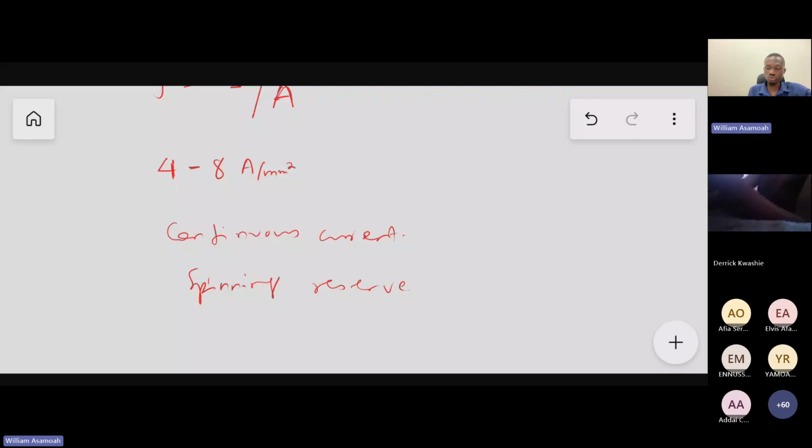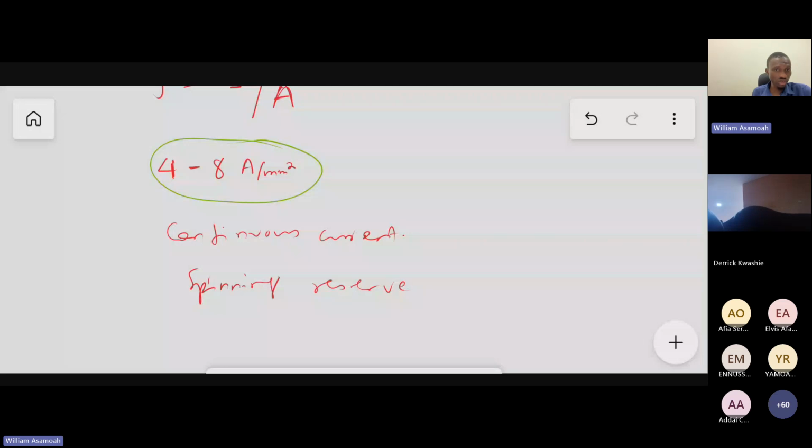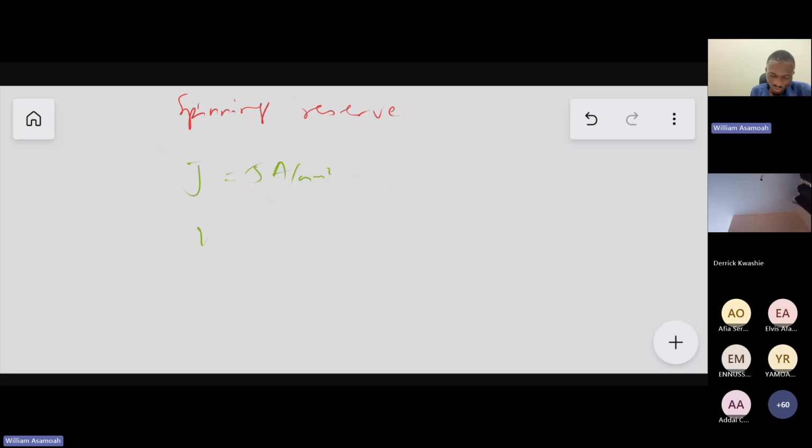So for automotive engineering, what we recommend is that your current density should be between these values. That means you can choose any value. Let's say J is equal to 4 amperes per millimeter squared.